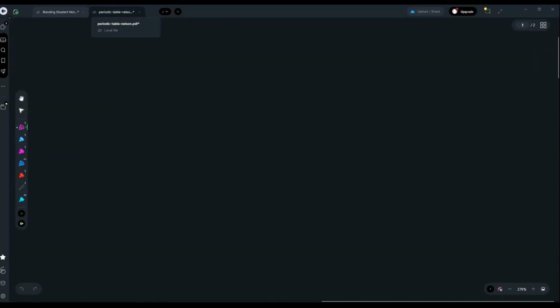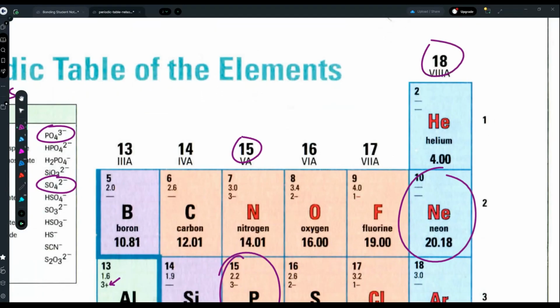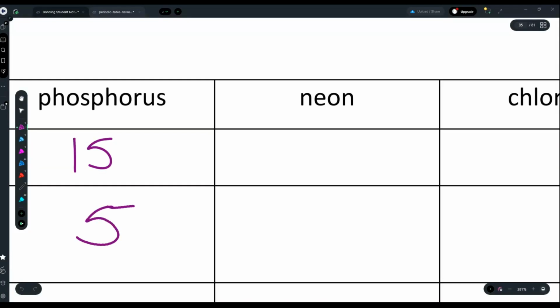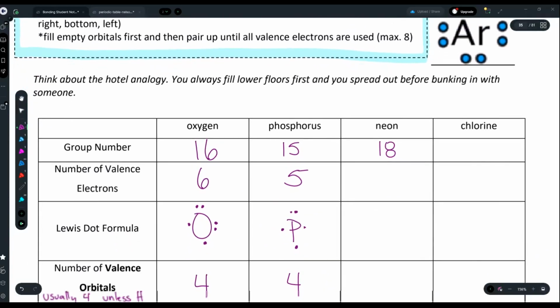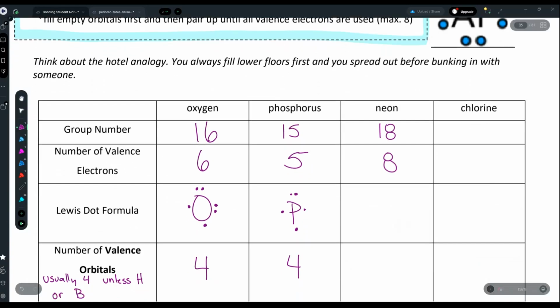With neon, if I look here, neon is right here. It's part of group 18. Okay, so that means it's going to have 8 valence electrons because the last digit of the group number tells you how many valence electrons you have.